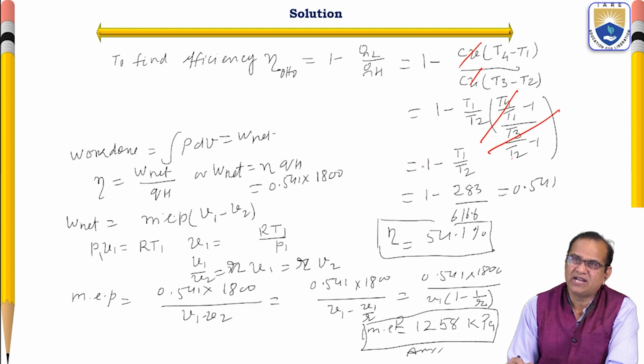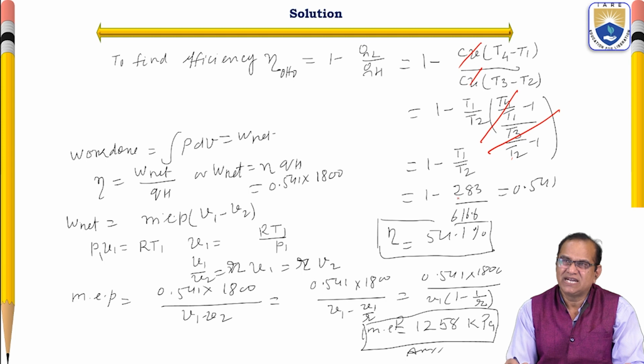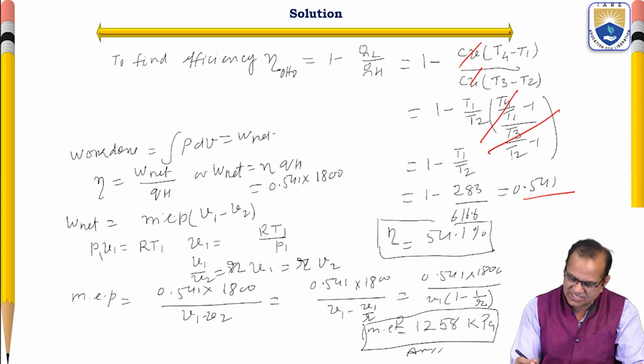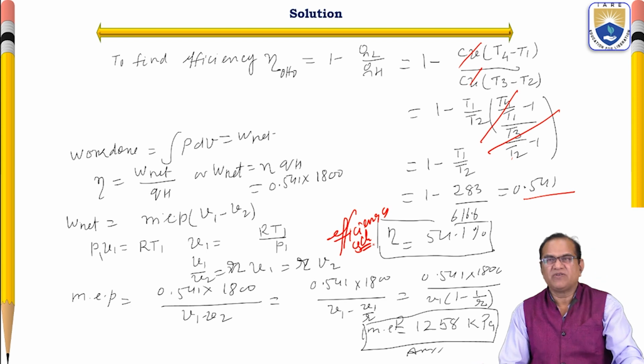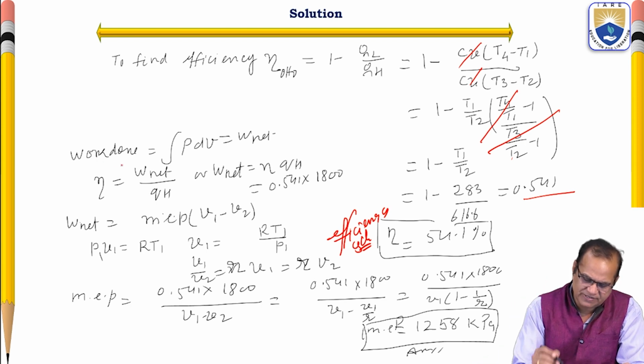So here we got 1 minus T1 by T2. So 1 minus 283 divided by 616.6. So you will get 0.541. So this eta is equal to 54.1%. So we got the efficiency of the cycle as 54.1%.